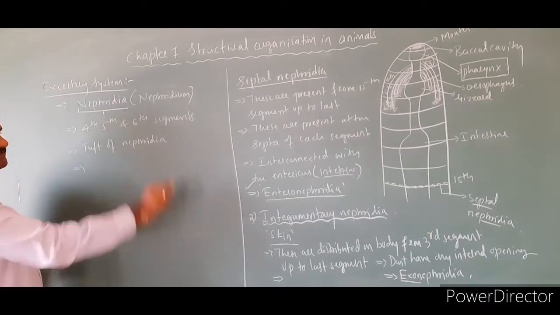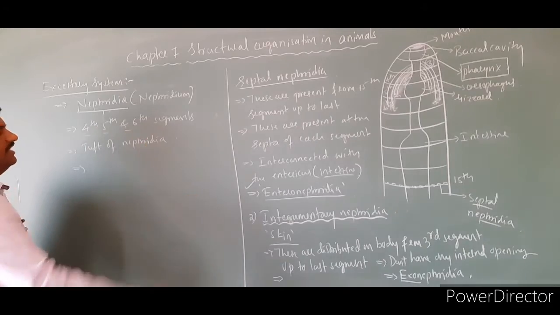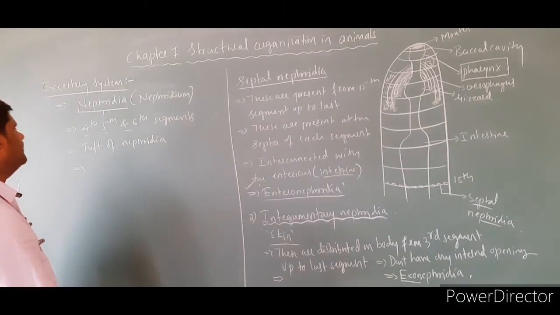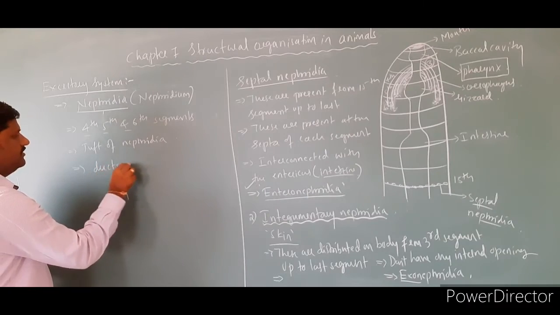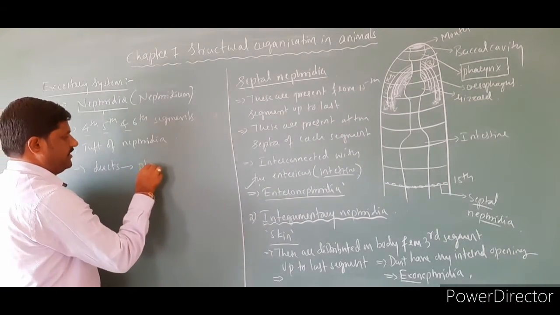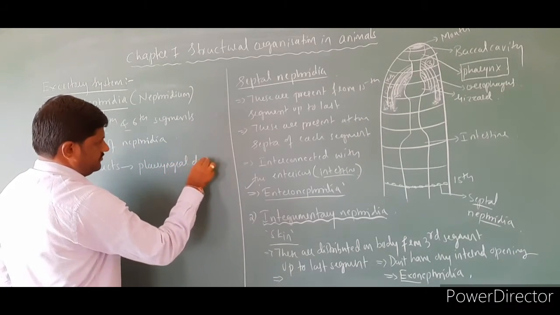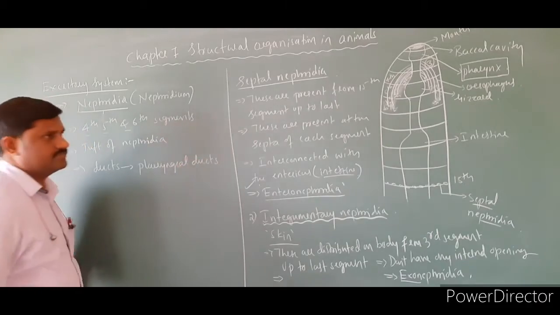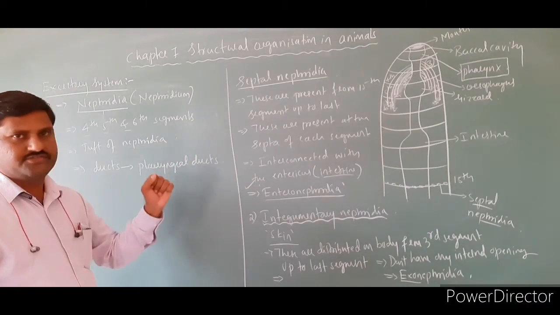These are called ducts of nephridia, which are present in the 4th, 5th as well as 6th segments, and those are called pharyngeal ducts, right?